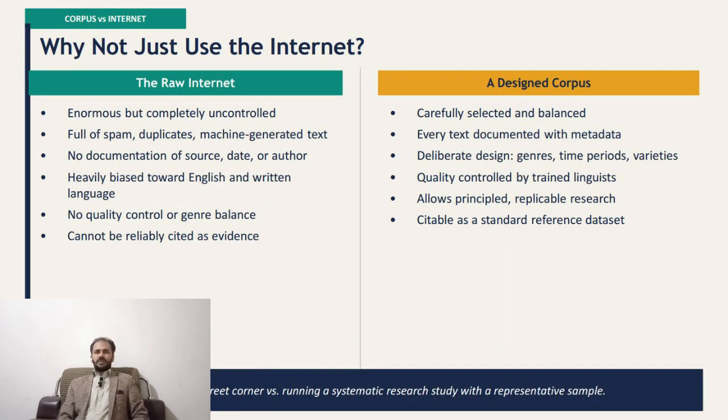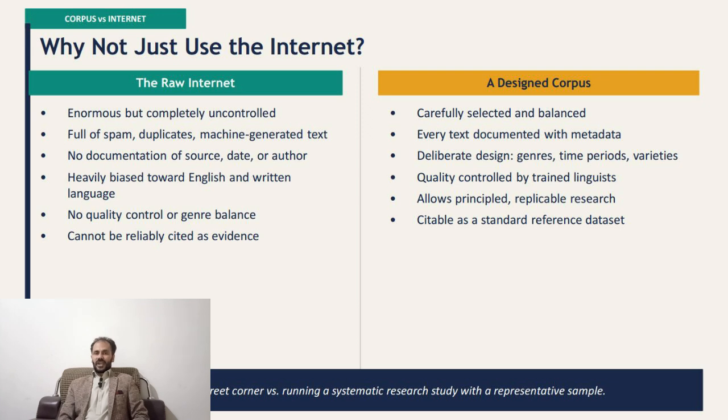At this point, some of you may be thinking that if we need a large collection of texts, why not just use the internet? The internet contains billions of pages of text. Why go to the trouble of building a special corpus? This is a genuine question and it needs a careful answer. The internet is enormous, but it is completely uncontrolled.